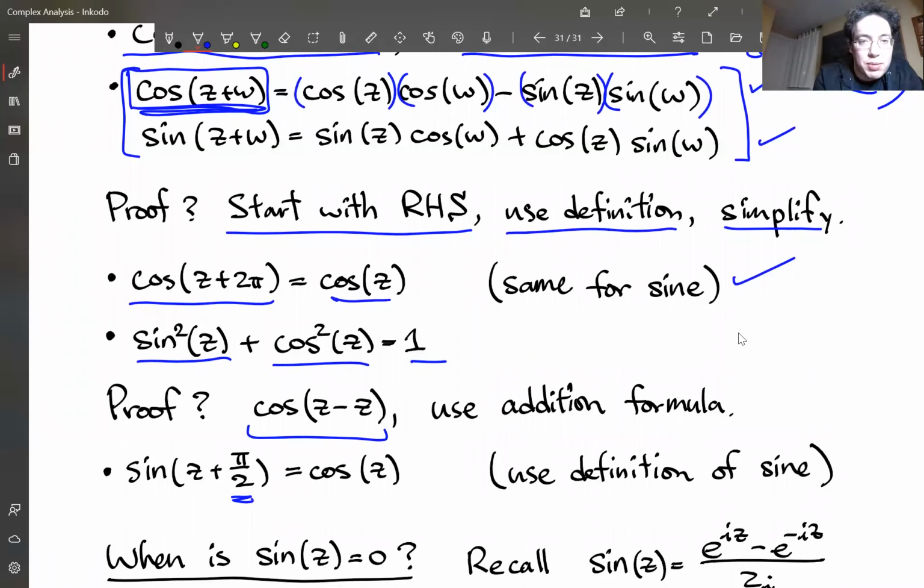Okay. So let's work out when sine function is equal to 0. Sine function is written this way. If the sine function is equal to 0, that must mean the numerator terms are equal to each other, so they cancel out to be 0. That would happen if and only if e to the iz is equal to e to the negative iz.